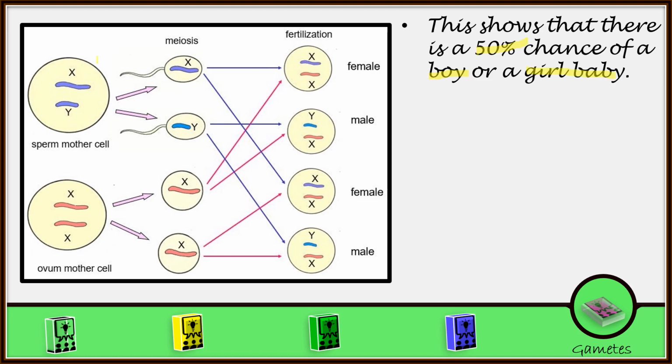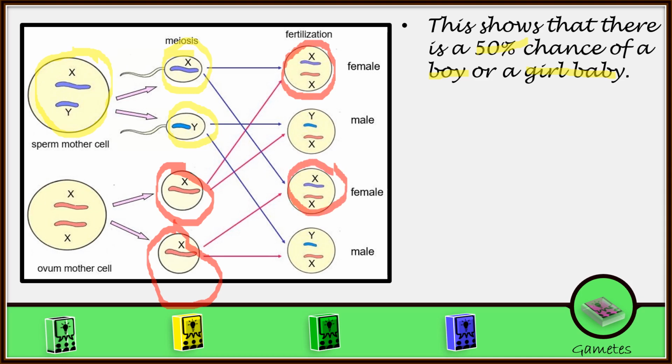If the father produces X and Y gametes, and the mother produces X and X, then when we get the combination, we are likely to have 2 female individuals, and there is a possibility of having 2 male individuals.